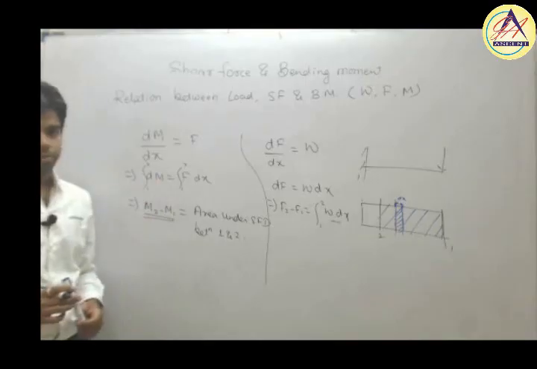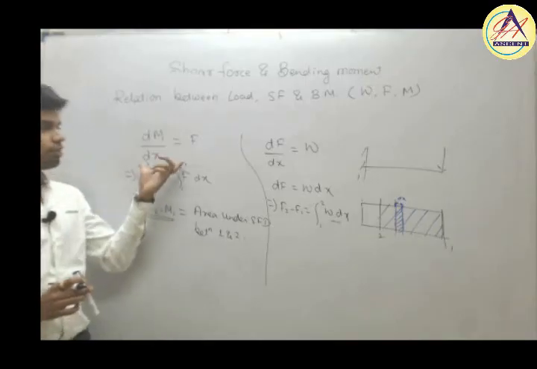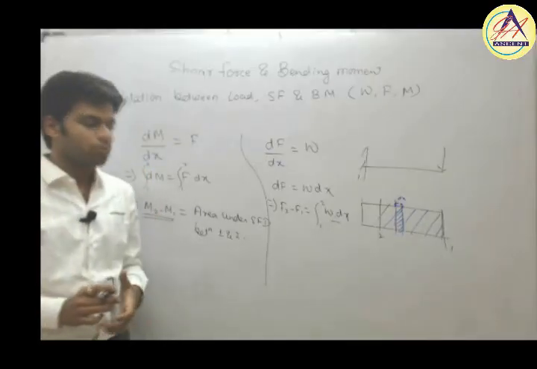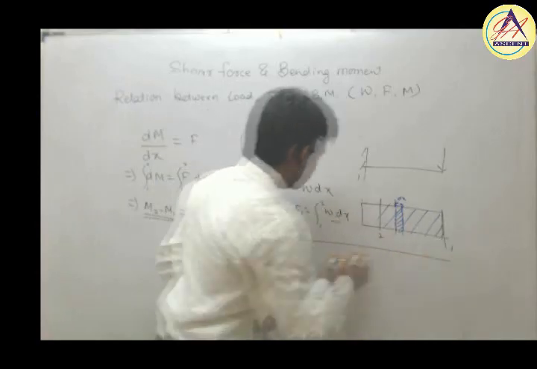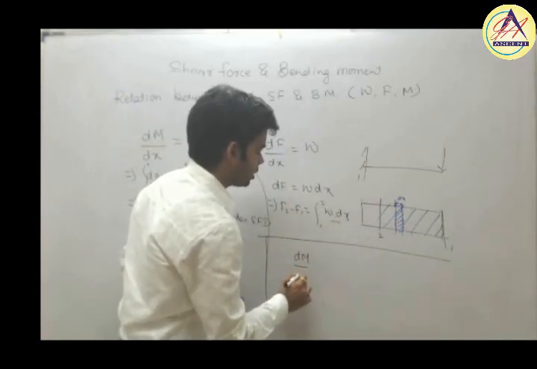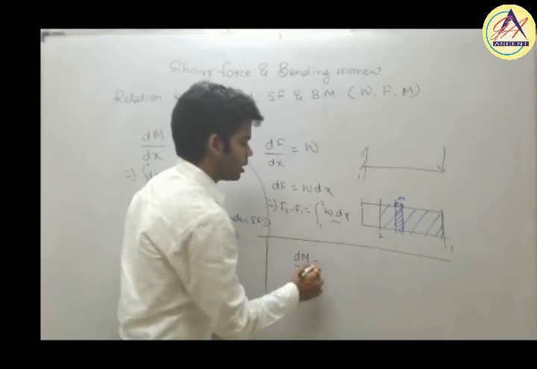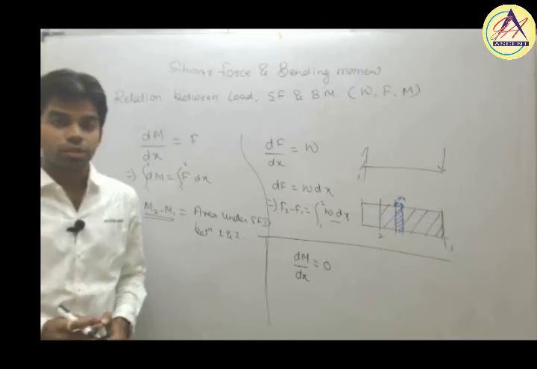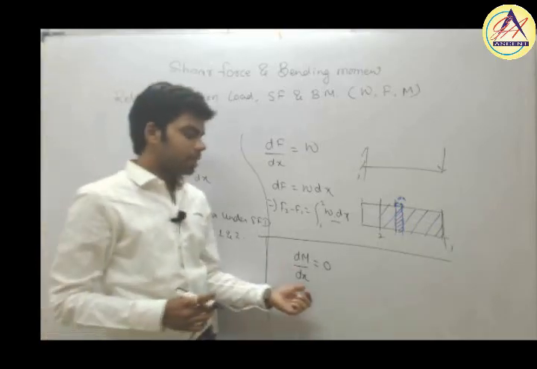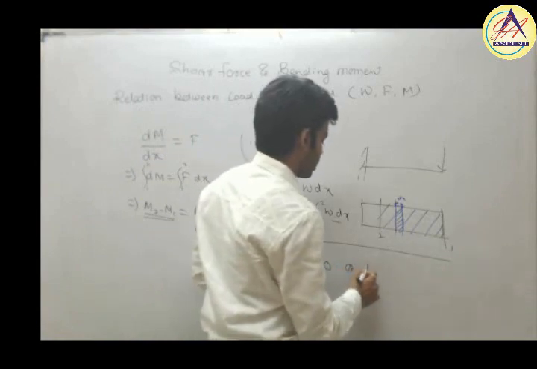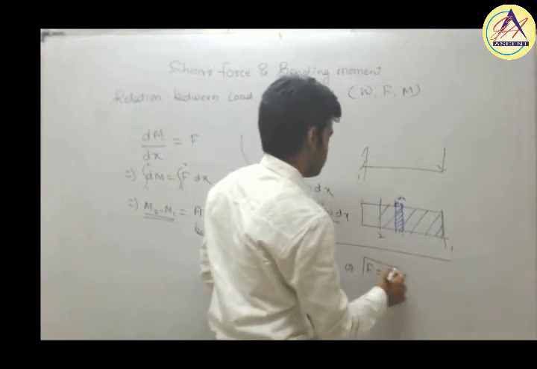Second very important point, in order to have maximum bending moment, to maximize anything, we have to differentiate it with respect to x and equate it to 0. In order to get maximum bending moment, dM by dx should be equal to 0, or we can say dM by dx is nothing but F, so F is equal to 0.